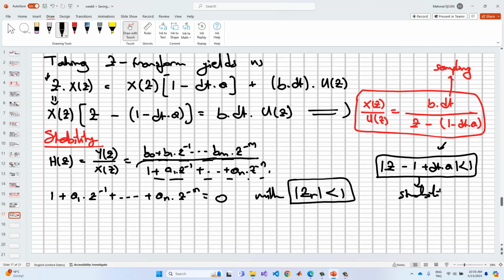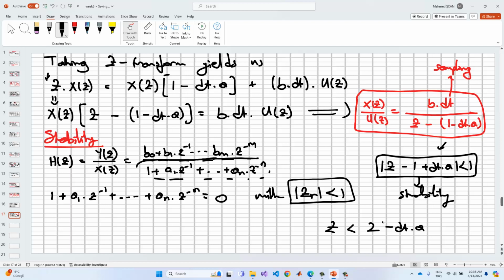Okay, for example, if we have this equation, we can check the roots in here. For example, z must be smaller than 2 over dt a.